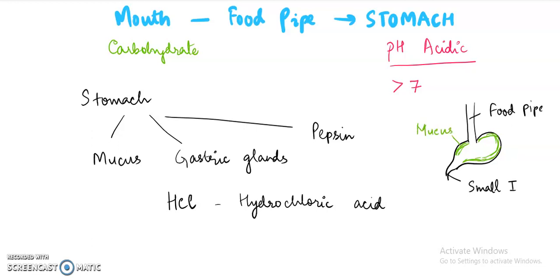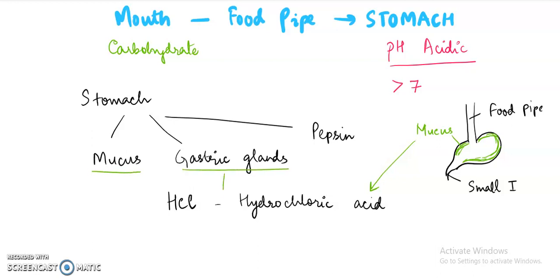This mucus protects the stomach from HCl. Otherwise this acid is so strong that it can churn the membrane or the layer of the stomach. So mucus is quite thick in the stomach and it protects the wall of the stomach from getting digested. So mucus protects the stomach wall.